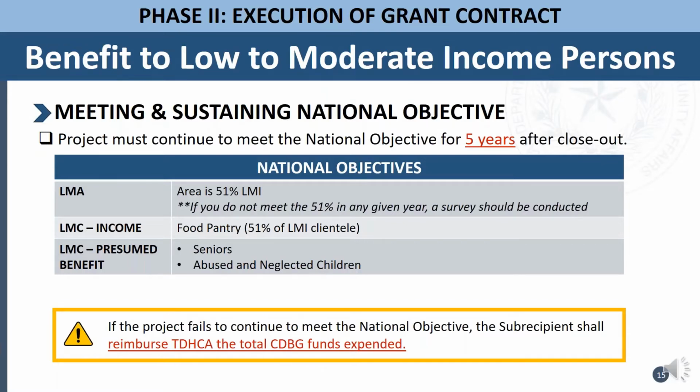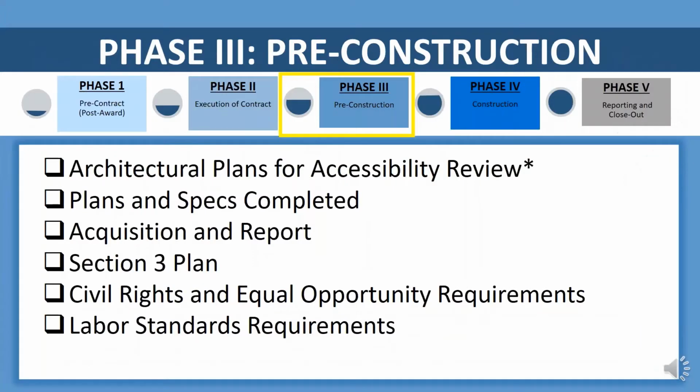We want to make sure that this is really emphasized, that you must continue to meet and sustain the national objective throughout the duration of this program and an additional 5 years after closeout. The national objectives include LMA, which is areas that are 51% LMI. If for a certain year you do not meet that 51%, we highly recommend a survey be conducted.